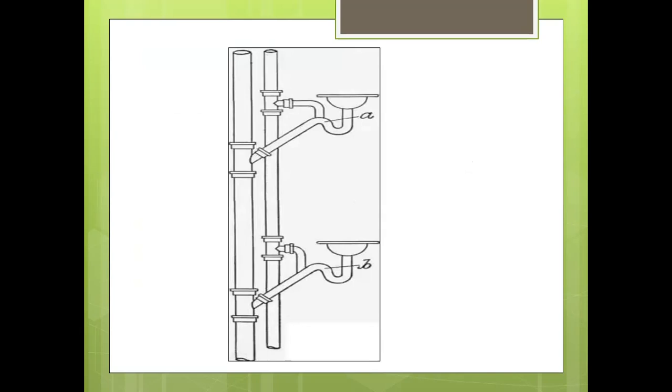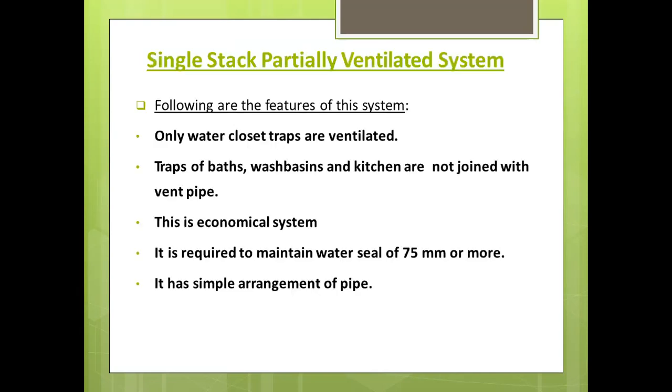The traps of basins, etc. are not directly connected to the vent pipe. So this is basically an economic system, with simple arrangements of pipes, and it is required to maintain a water seal of 75 mm or more.